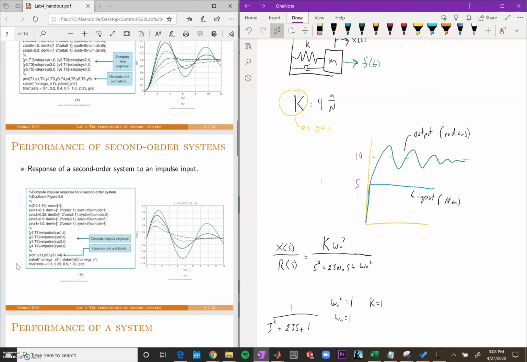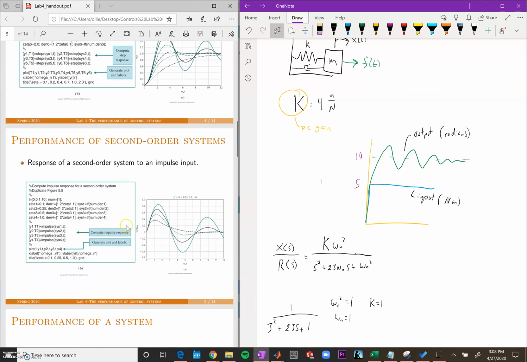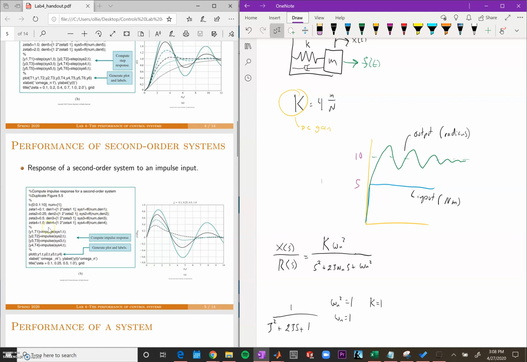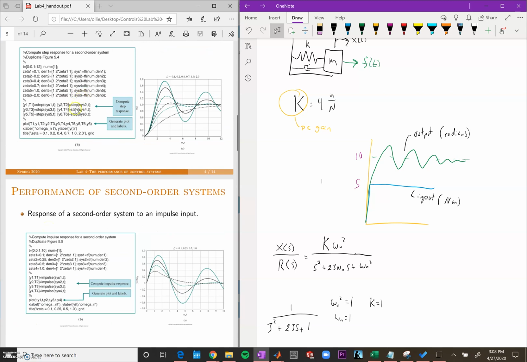Okay, so what about an impulse? Well, an impulse is like a step, but it only occurs for an instant, right? It's just, there's a torque, there's a force, and then there's not. So we do different values of zeta. We do 4 different values for some generic transfer function. We use the impulse function, whereas above we used the step function to simulate a step response.